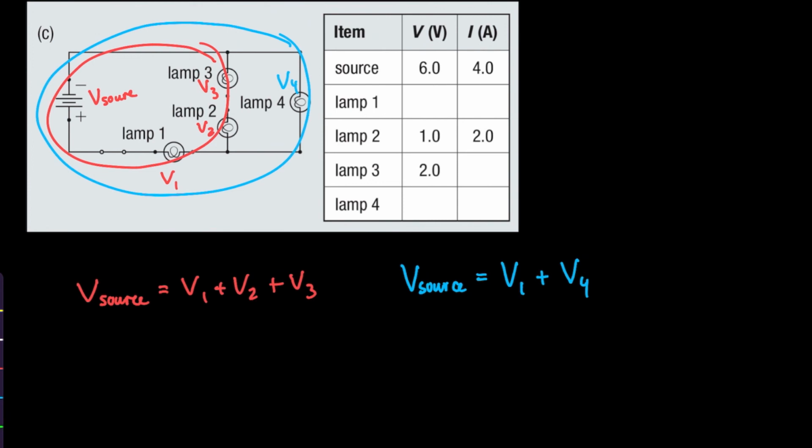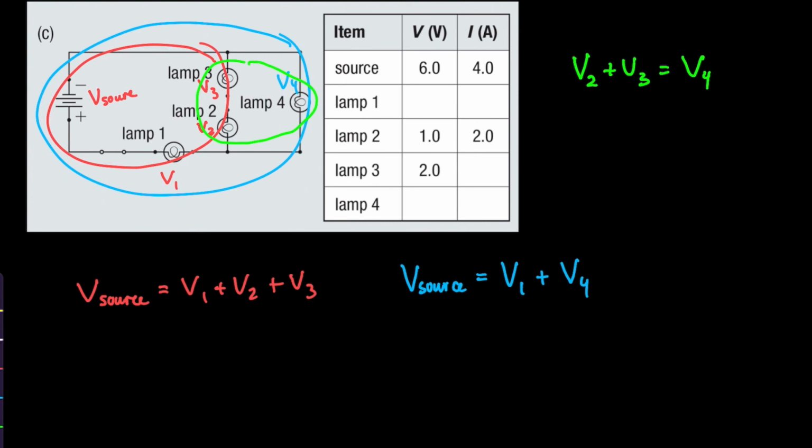Or yet another strategy, because lamps 2 and 3 are connected in parallel to lamp 4, this means V2 plus V3 should be equal to V4. So we have 3 equations to work with, all according to Kirchhoff's voltage law.